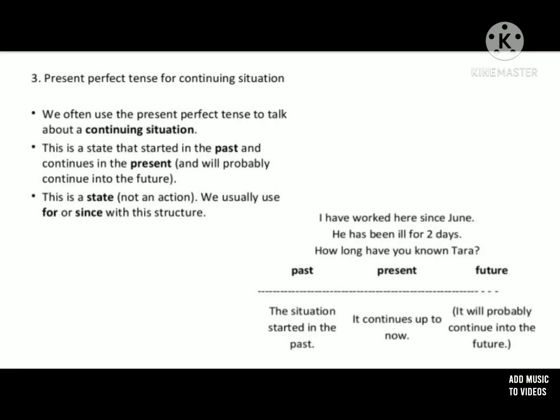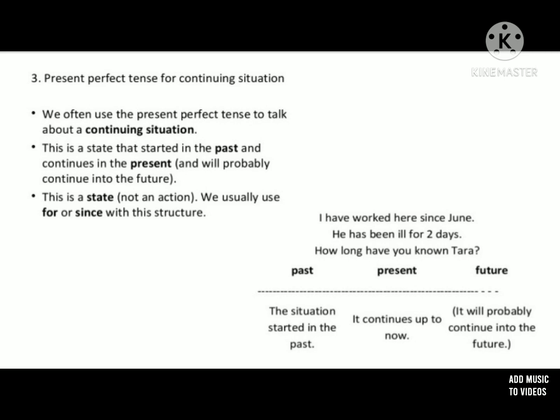Present perfect tense can be used to express continuing situation. We often use the present perfect tense to talk about a continuing situation. In other words, this is a state that started in the past and continues in the present and will probably continue into the future. This is a state, not an action. We usually use for or since with this structure.